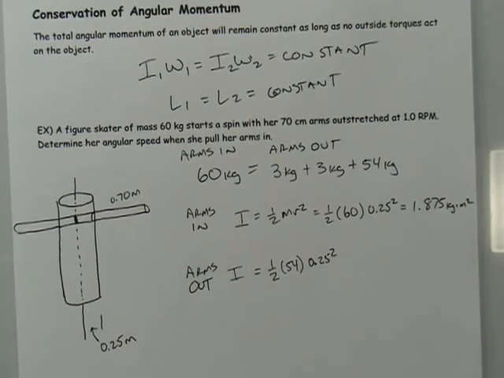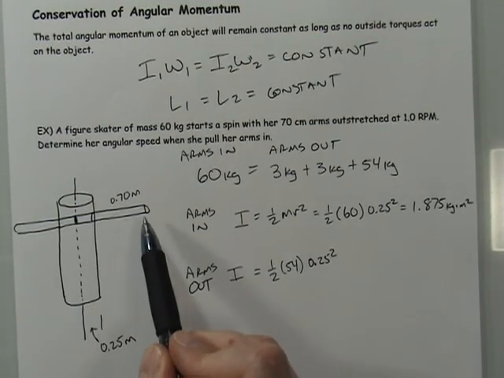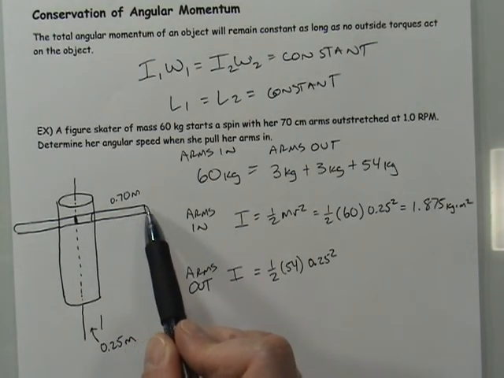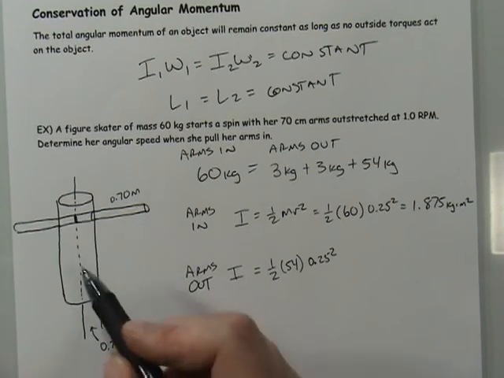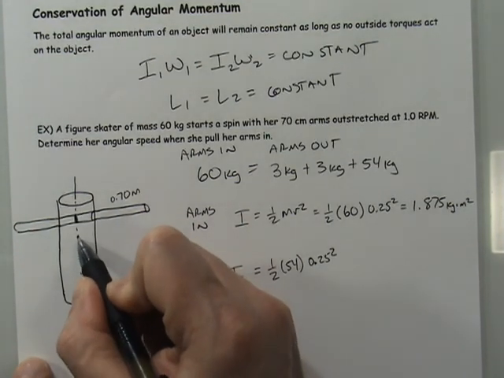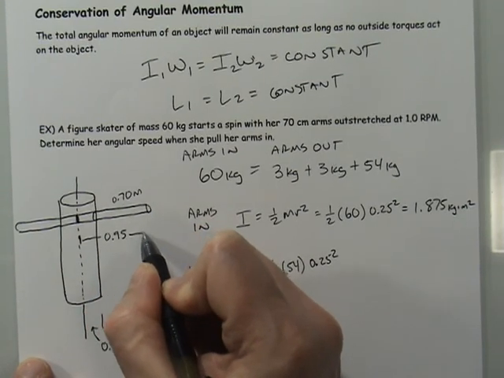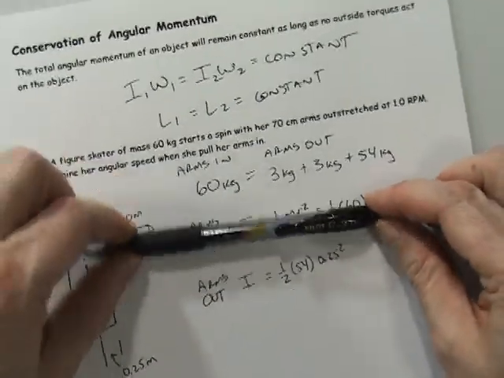So if you look up in a book, the moment of inertia for a rod being swung around by its end, and realize that this rod is actually 95 centimeters long because it's 70 centimeters from the tips of their fingers to their shoulders, plus from their shoulders to the center of the motion. So this distance right here total is 0.95.